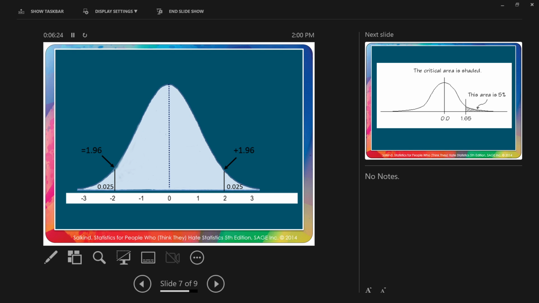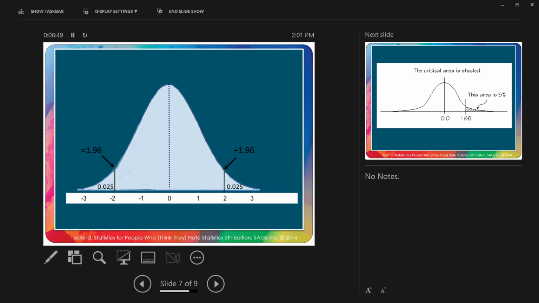If our obtained values go beyond the critical values, then this is when we make the decision to reject the null hypothesis. Remember that the critical value is the point beyond which the obtained outcomes are judged to be so rare that the conclusion is that the obtained outcome is not due to chance, but due to some other factor.